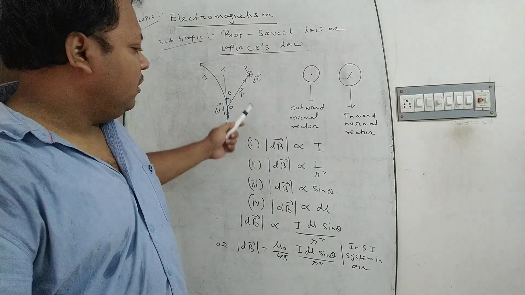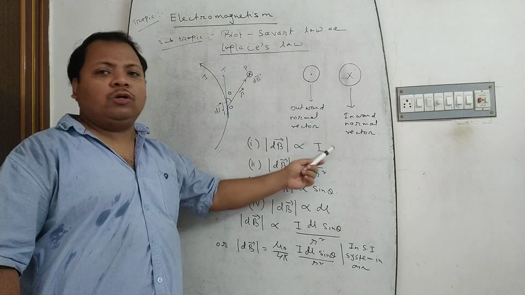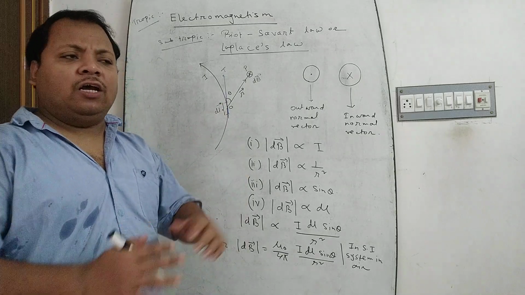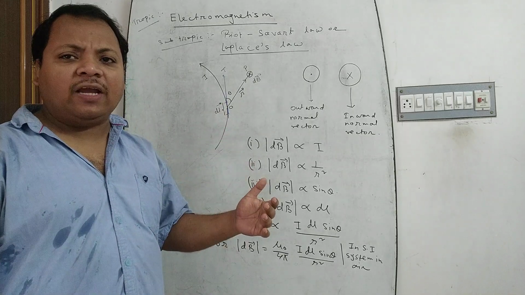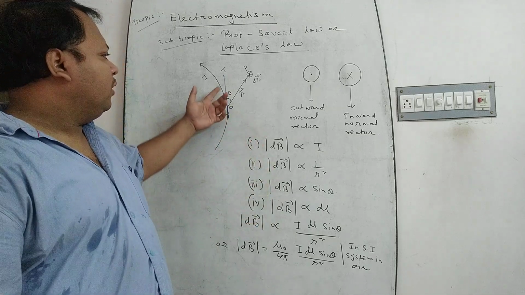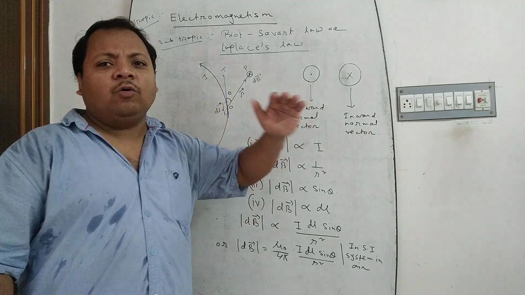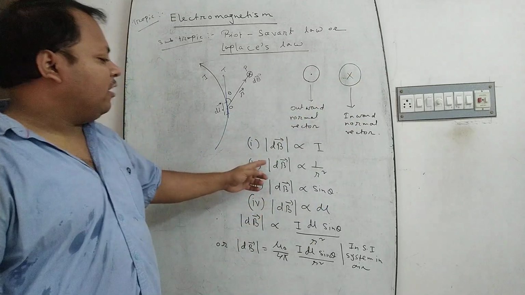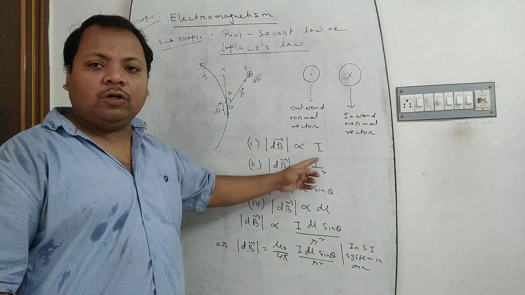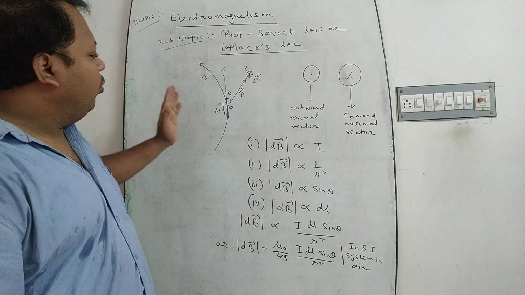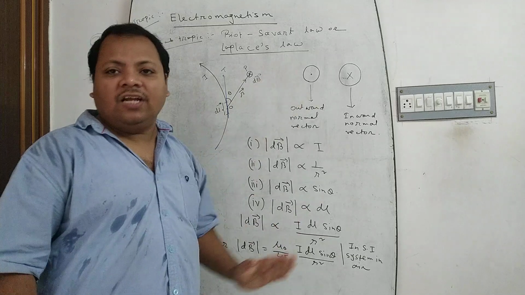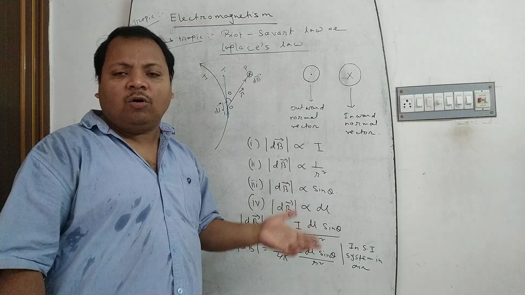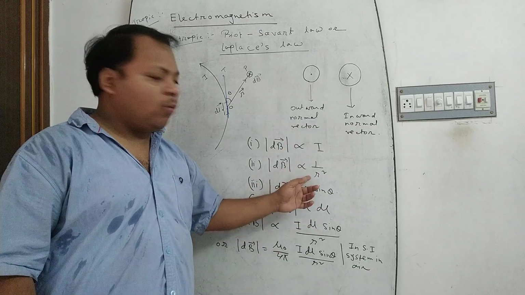That's why we can write mod of dB is directly proportional to I. Next, you know that the effect of the induced magnetic field is very feeble at long distance. That's why we can write that the magnitude of dB is proportional to 1 by r square. That is, when the distance increases, the magnitude of the induced magnetic field decreases with the square of the distance.